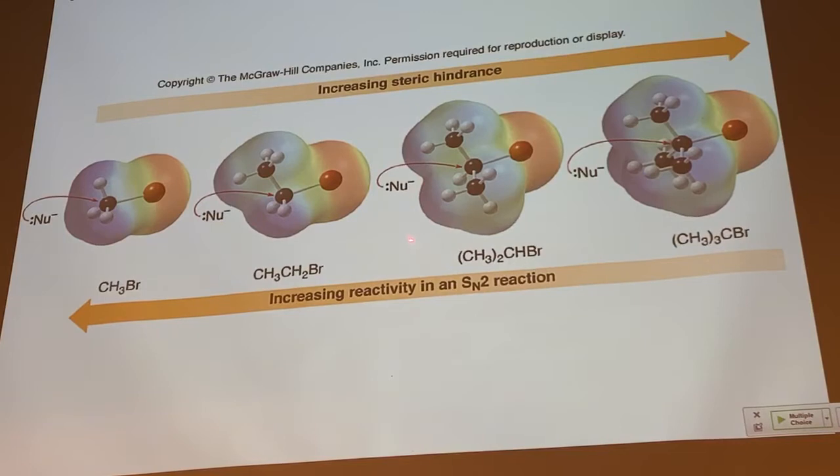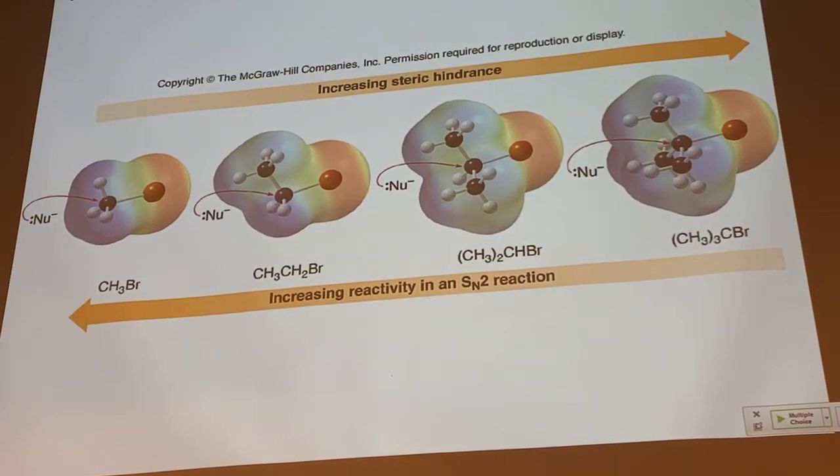With these alkyl groups pointing towards our nucleophile, it becomes more difficult for that nucleophile to approach the backside of the carbon at the proper orientation to cause the SN2 reaction to occur. Okay, so another way to look at it, we see that steric hindrance impeding the approach of the nucleophile, and that results in a slower reaction. Questions?